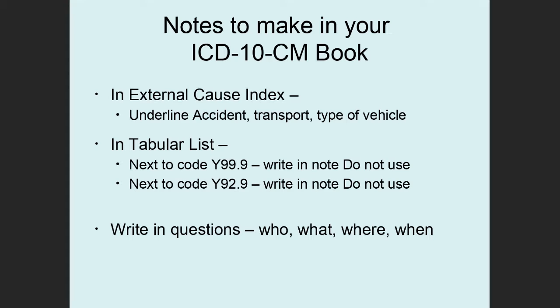In the tabular list, write notes next to Y99.9 and Y92.9. Do not use these codes. And you might also write in the questions listed in this video. What was the patient doing? What happened? Who was the patient? When was treatment given?